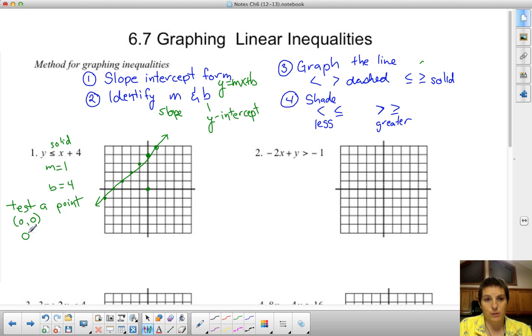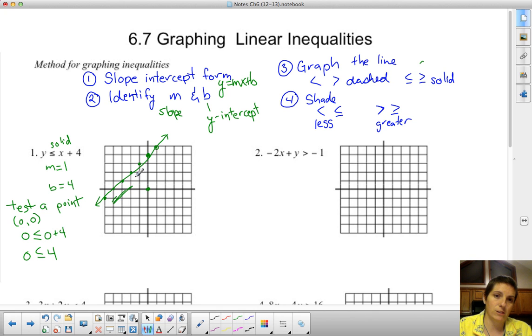So I have 0 less than or equal to 0 plus 4. Well, that says that 0 is less than or equal to positive 4, which is definitely a true statement, which means that 0, 0 is on the shaded half of my graph.